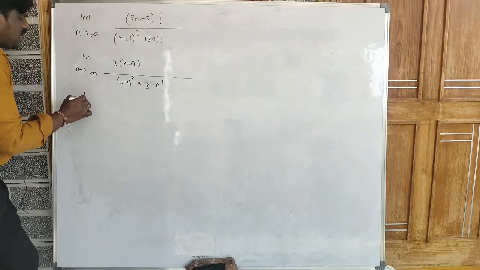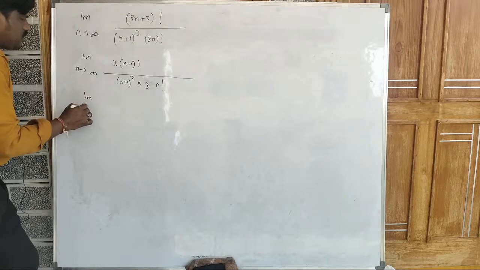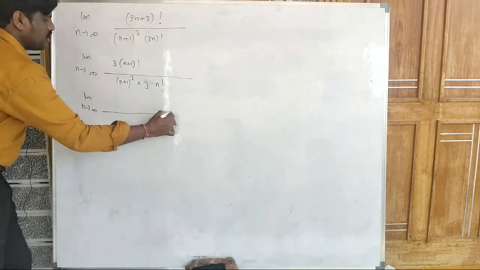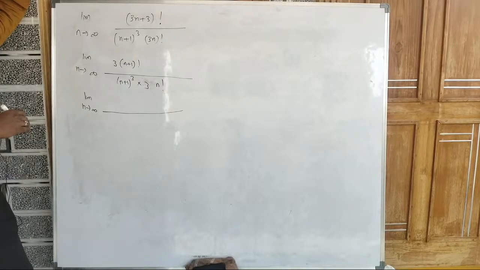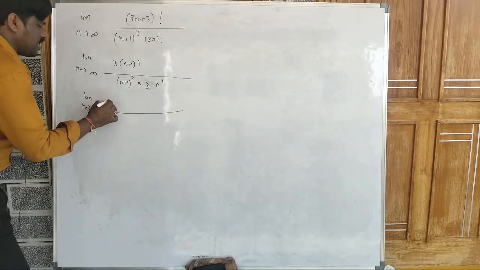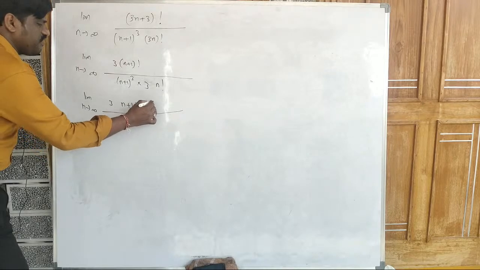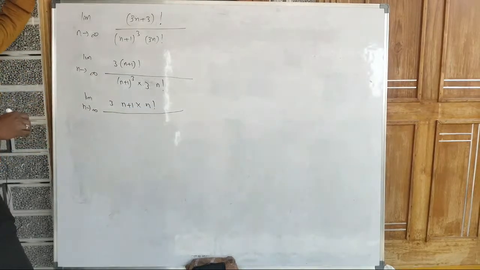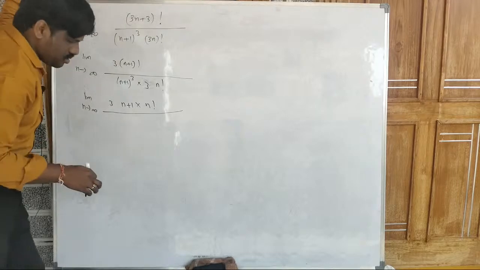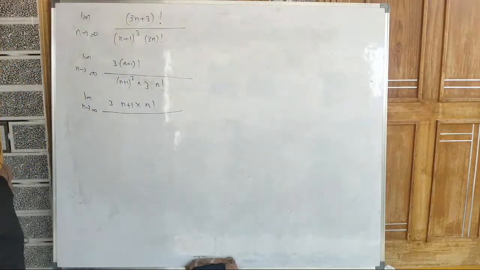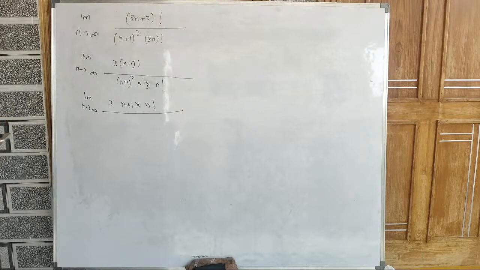Limit n tending to infinity. See that n plus 1 factorial, can I write as n plus 1 into n factorial? Right? Anybody got the answer?